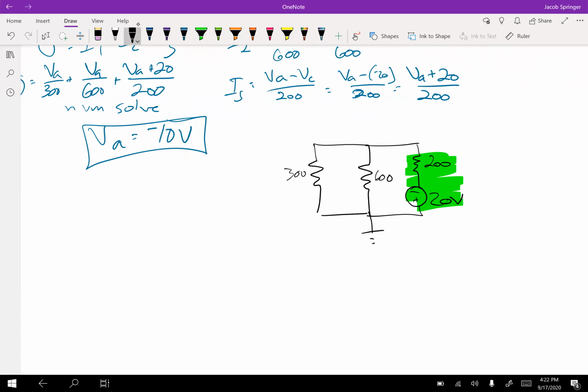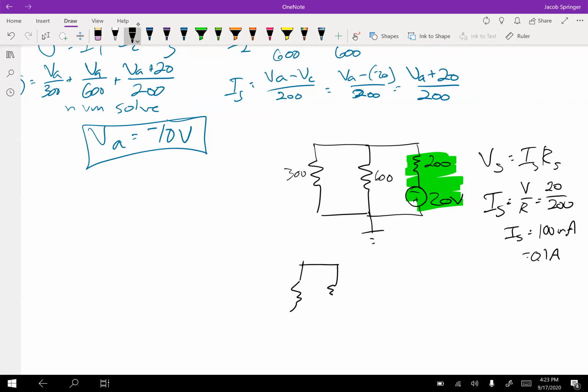So another way to do this, V equals IR. When I'm doing source conversion, I'm looking for the one next to the source. So IS is going to be V over R, which is 20 divided by 200, and IS equals 100 milliamps, which is the same as 0.1 amps.